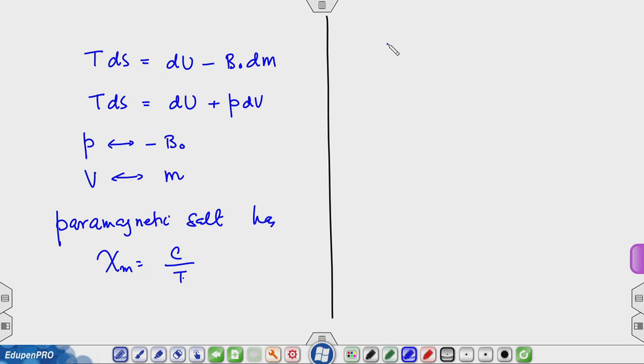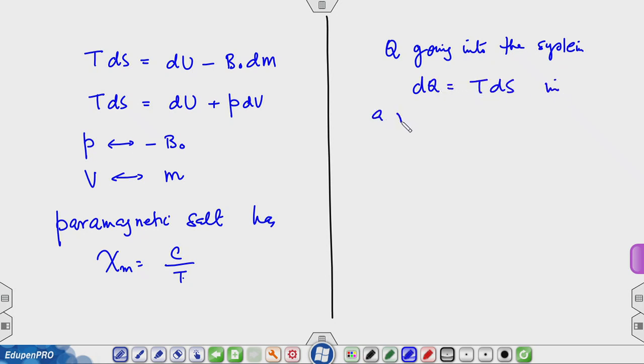The heat Q going into the system is given by dQ equals T dS in a reversible process, and that is the kind of process we are considering.